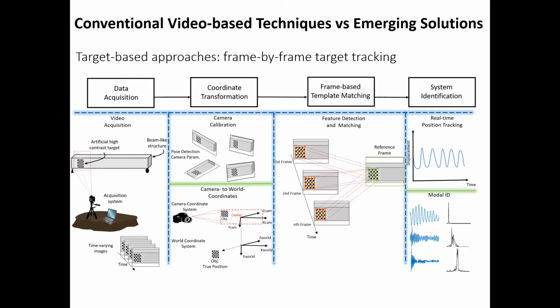And then some sort of frame-based template matching is used to track the position of this target and then to compute local displacements, which later can be further used for system identification techniques.